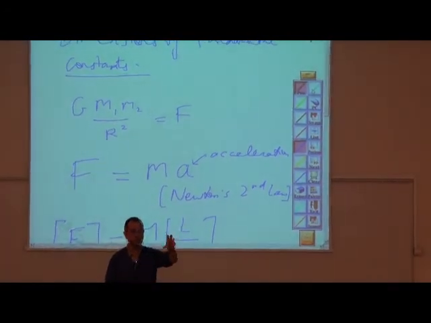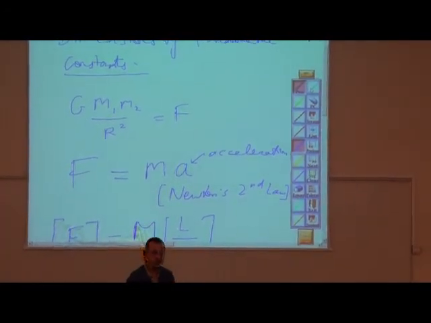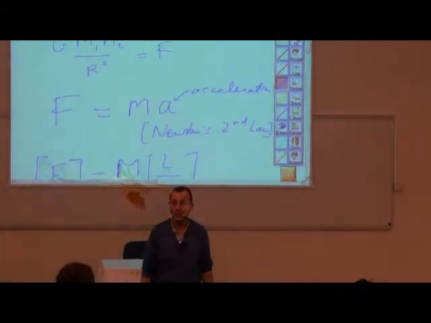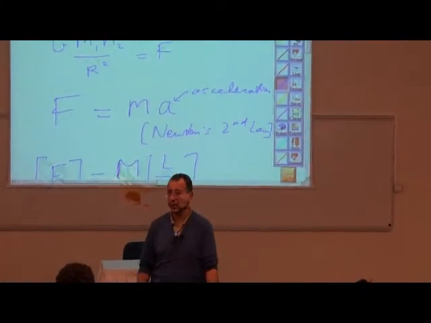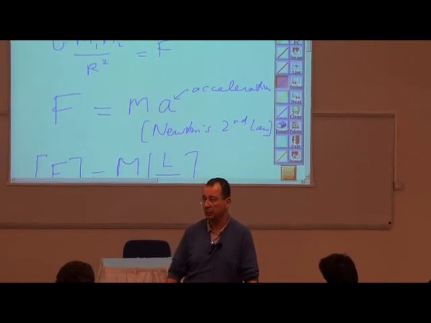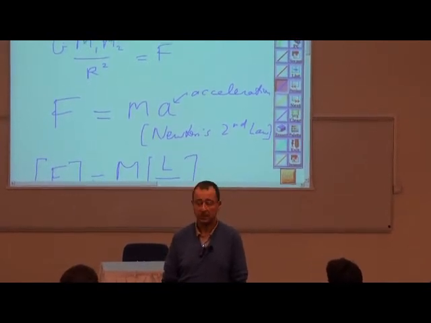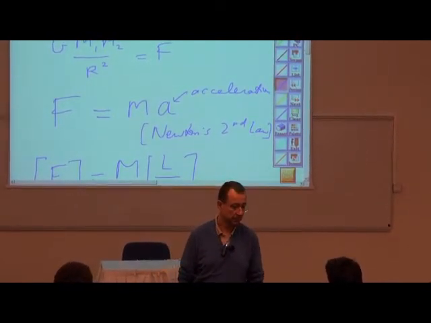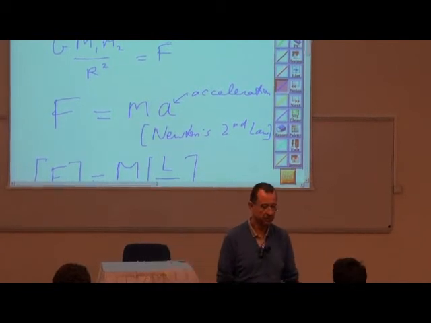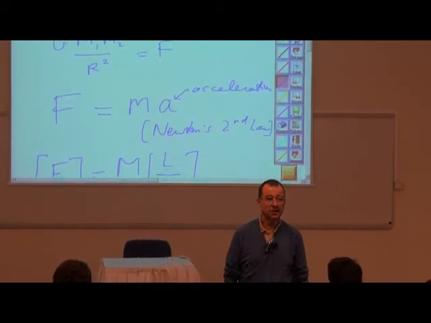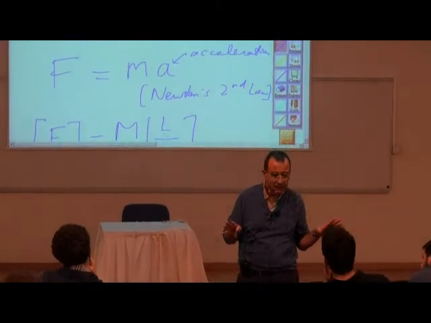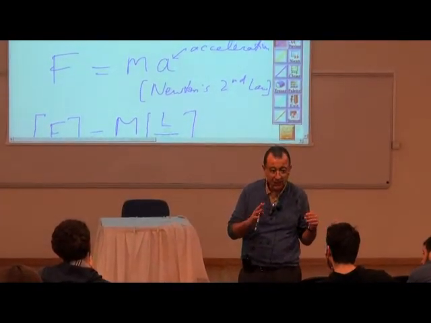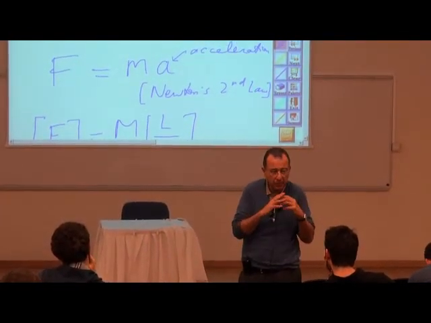So G times M electron, M proton, that combination has the same dimensions as K times E square. So that's okay. But the numerical value will be different. Could be possible. What? They have to be same or different forces? The dimensions, no. The forces are different. Masses are different. The numbers will be completely different.